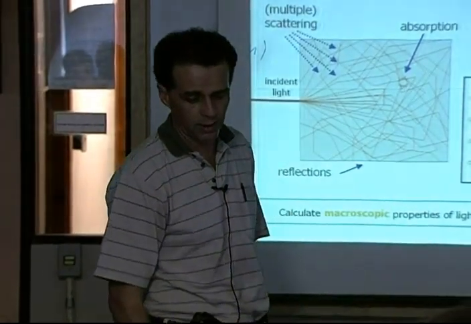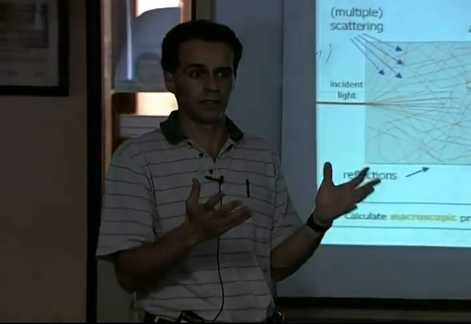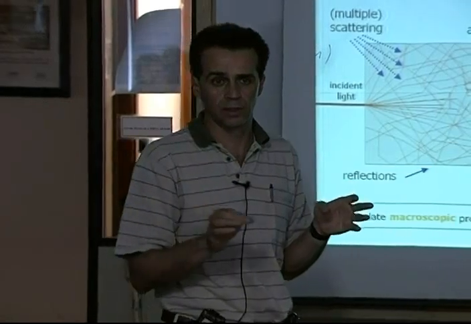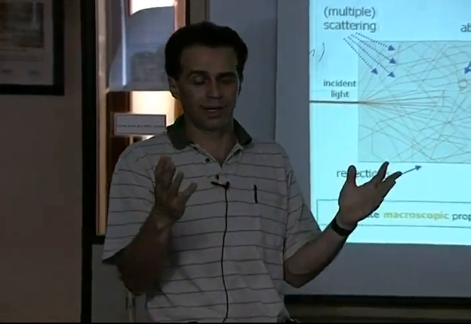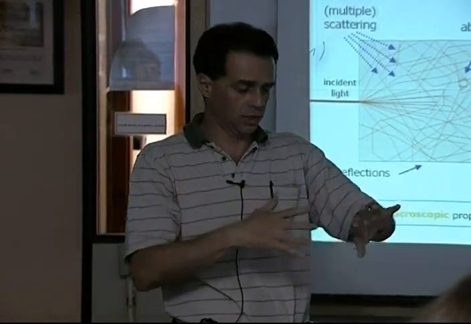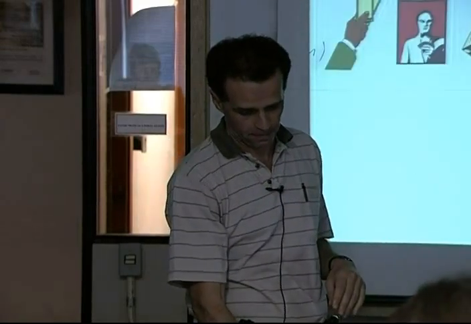So again, calculate macroscopic or experimentally observable properties from individual interactions. You know the individual physics, but what's going to happen in a crowd of these photons when it actually interacts with the real medium?